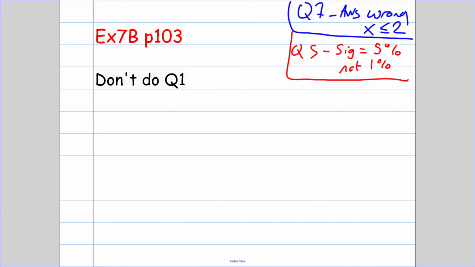For question 5, they use a 5% significance, but it should be 1%. Most of them are okay, but this one has an incorrect answer, and for this one, the significance level, they used 5% in the book.